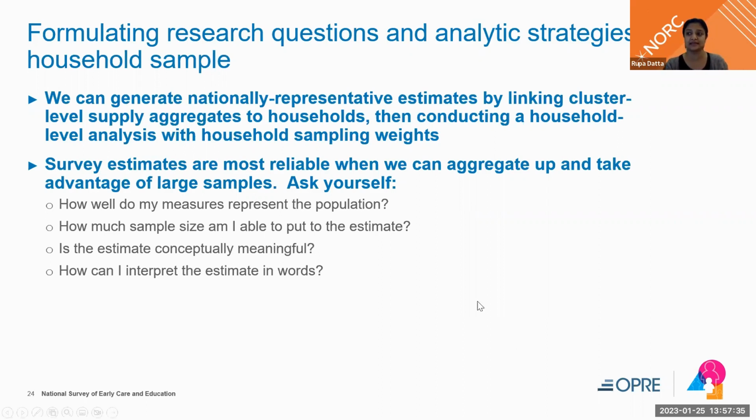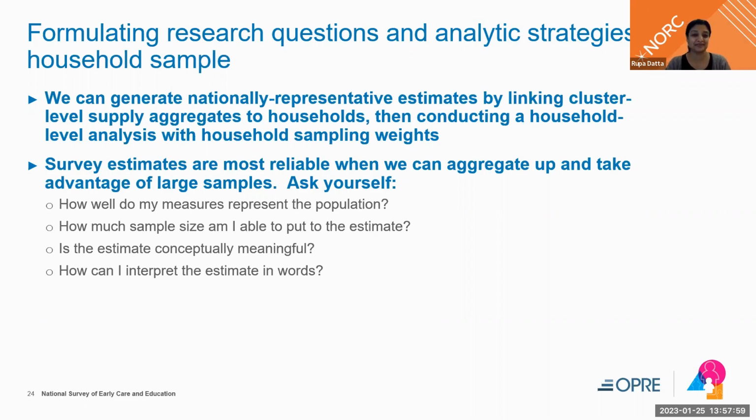Some of the things to think about as you're thinking about how you want to connect your household data to the provider data. In theory, you could connect every household to every potential provider. That would be an extremely computationally intense activity. Mostly nobody does that.